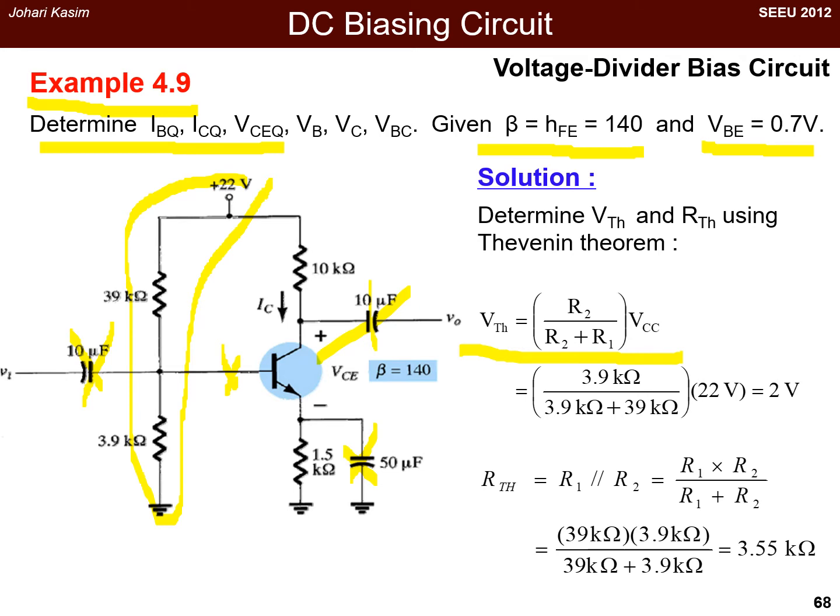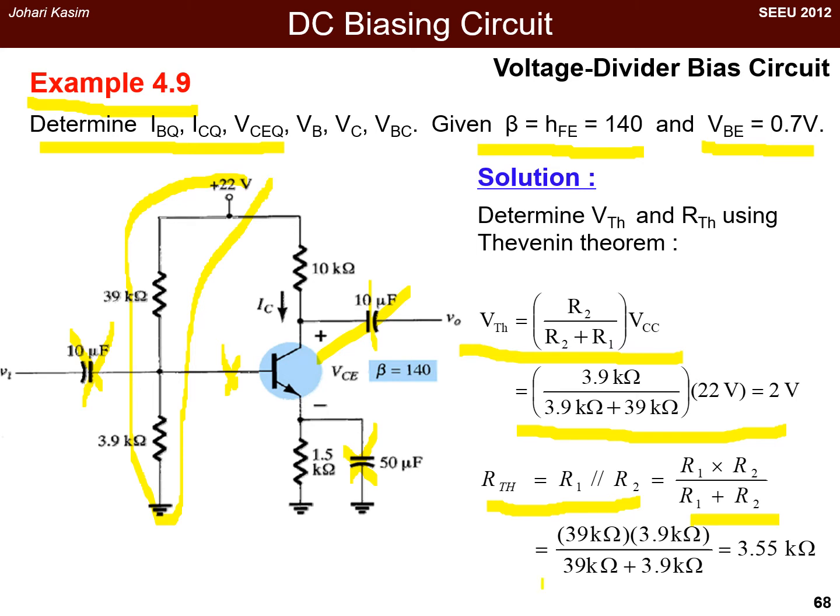So after you put in the values, you can get the Thevenin voltage equal to 2 volts. Then you get the Thevenin resistance, that is R1 parallel to R2, equal to R1 times R2 divided by R1 plus R2.